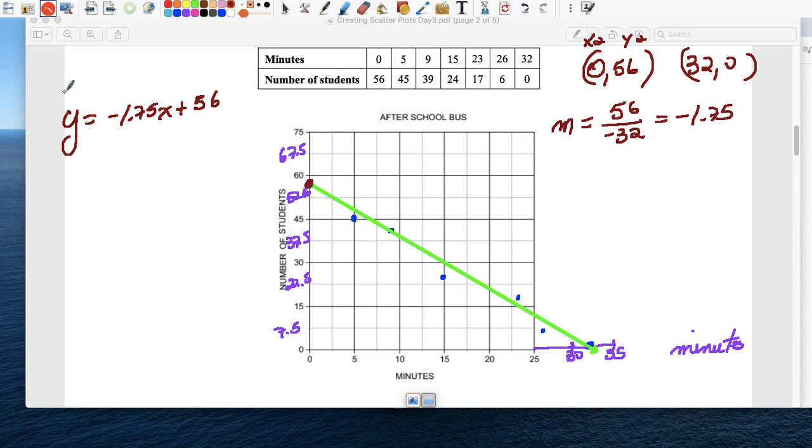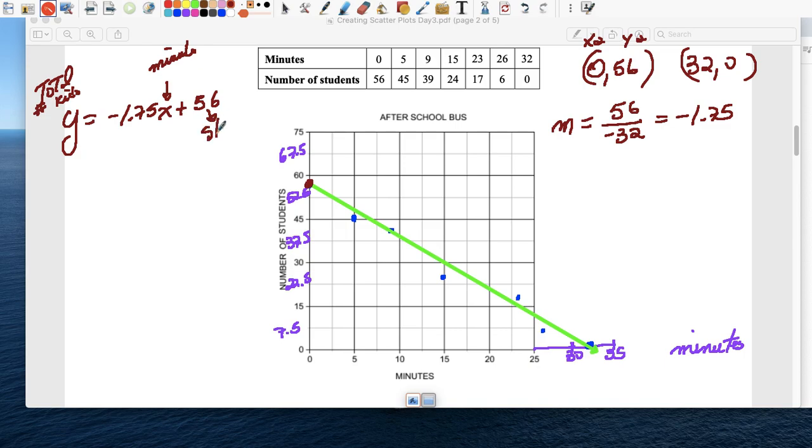Let's identify what they all mean. Y is the total number of kids. X is the minutes. 56 in the context of this story is our y-intercept, the number of students in the beginning.